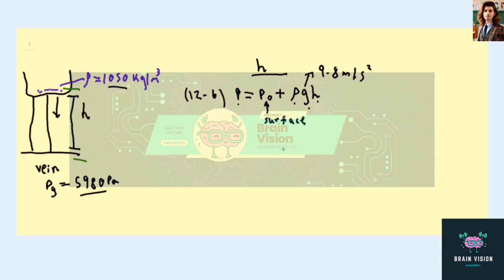So let's go ahead and just rearrange this equation to get it in terms of H. So if we subtract P naught from both sides first. Divide out the rho G on both sides.